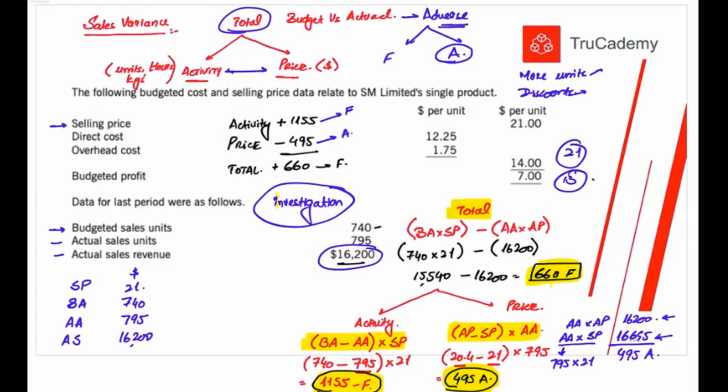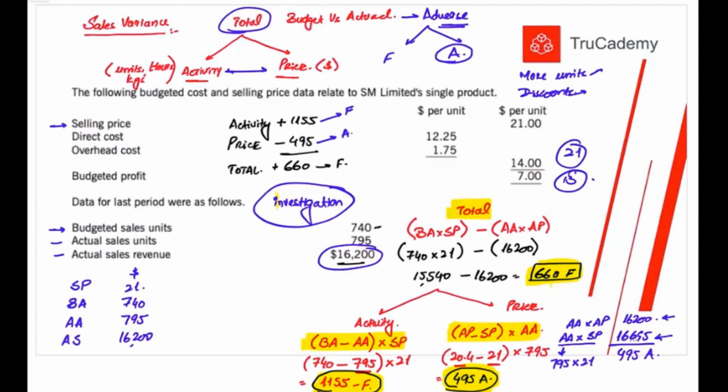Because something worth $21 I'm selling for $13, so customers will buy it like crazy. But at the same time, I will get a very big adverse price variance. Whenever you decrease your selling price, your activity variance will become favorable. Lower the prices, higher the activity.